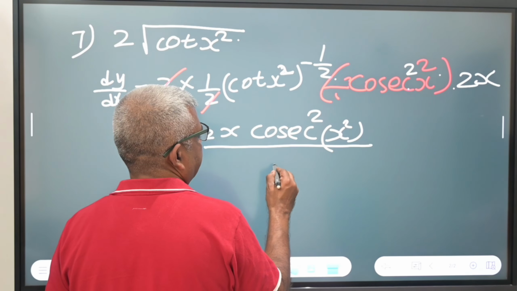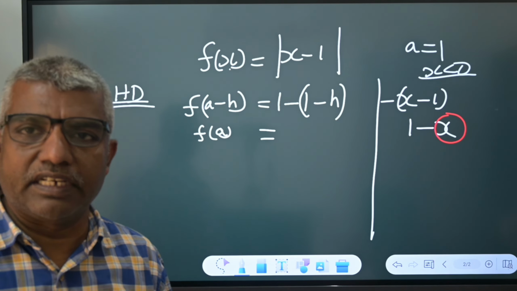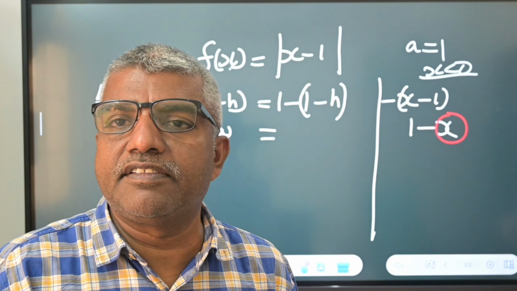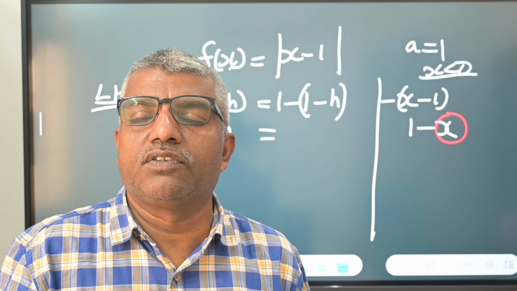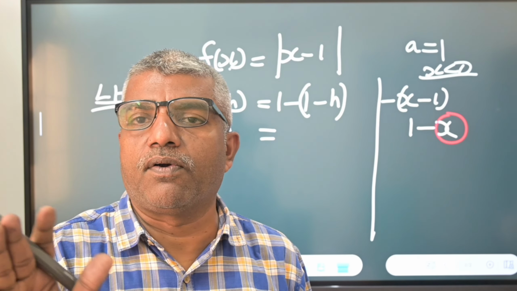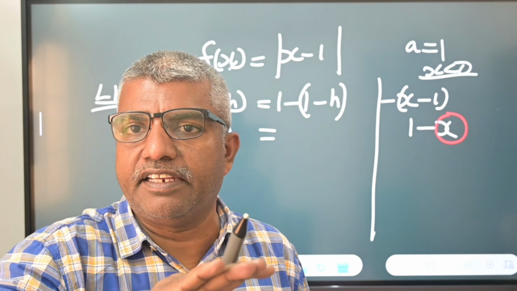Now f of x, instead of x we are going to put a minus h. This is a normal function. Here a is 1. Got it? Clear? Left hand derivative means x is less than 0, so whatever is in the modulus, put a minus sign and expand. Now I am finding f of a minus h.